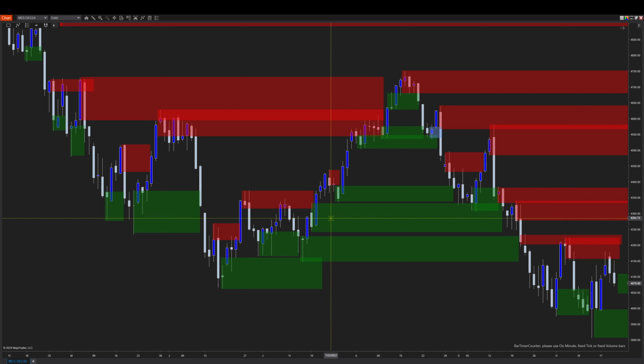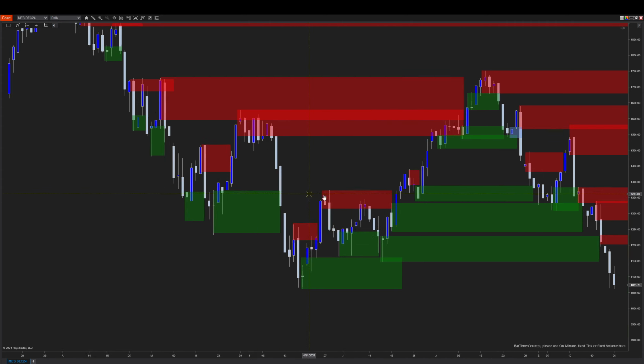As we start moving long, we already tested this supply once, so it's weakened. And if we're starting an uptrend, supply is most likely to fail. So we go through it. Once this supply here is broken, this is what we see.